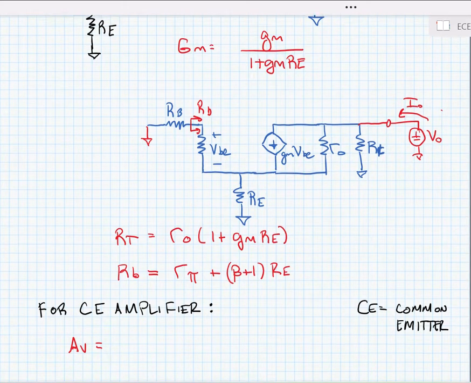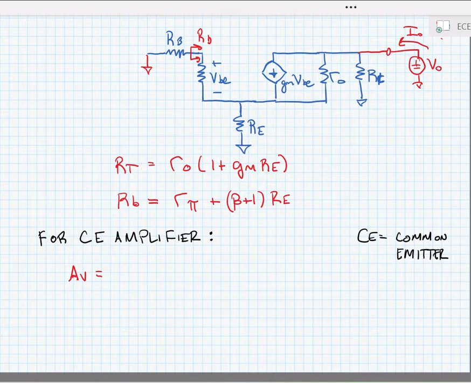All right, so for a CE amplifier, we can write out the gain expression as a product of the voltage division at the input, the transconductance, big GM, and the total driving point resistance, big RT. So we have a voltage division at the input, R little b divided by R little b plus R big B. We have our transconductance.